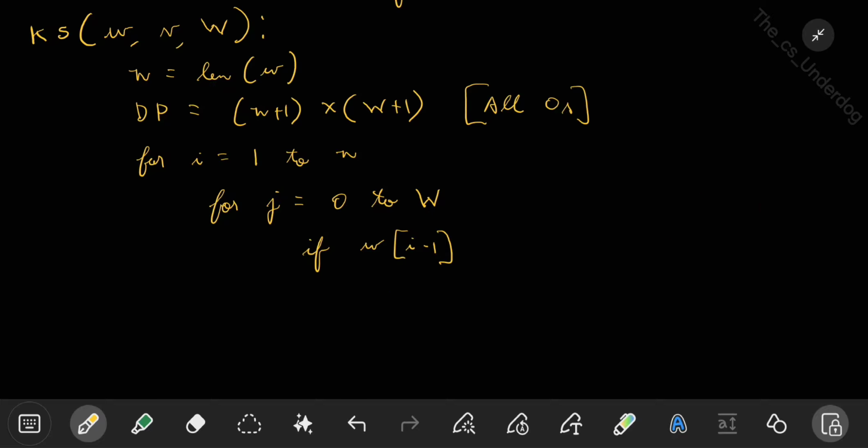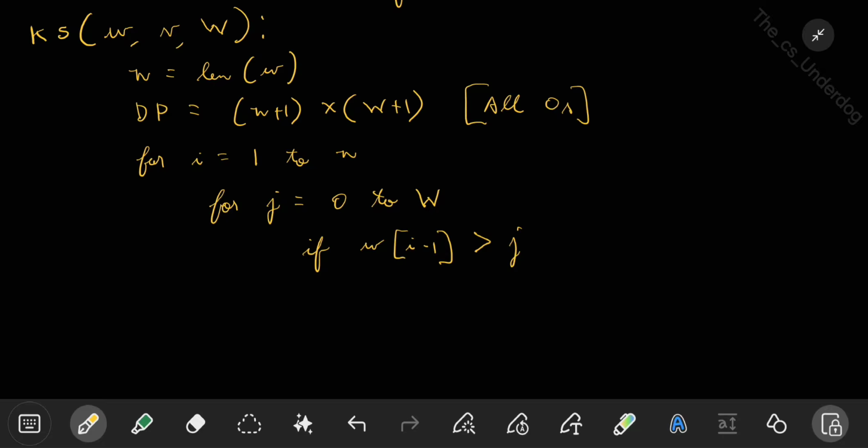If w of i minus 1, the weight of the i minus 1th item, is greater than j, what is j? J is the capacity of knapsack at this point. At this point, whichever be the entry you are filling, for this entry, what is the capacity we are considering? That is j. If the weight of this item is greater than j, what did we learn? We learned we can't include this, because of which what do we have to do?